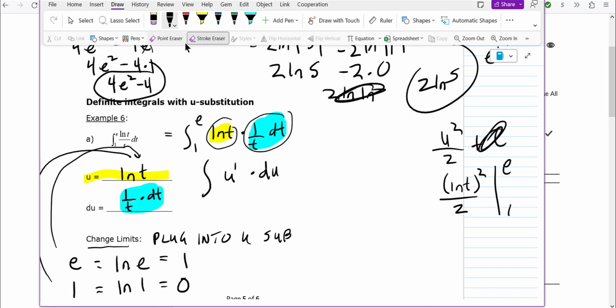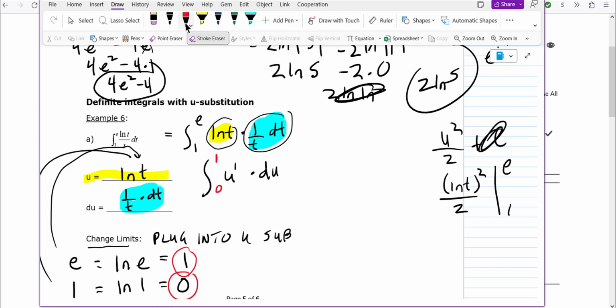Now these become your new limits. So in this u integral, don't use e anymore, use 1. And then don't use 1 anymore, use 0. So you've changed it into a type of integral that you just got through doing easily in your head a few minutes ago. If you change the limits of integration, it makes it easier.